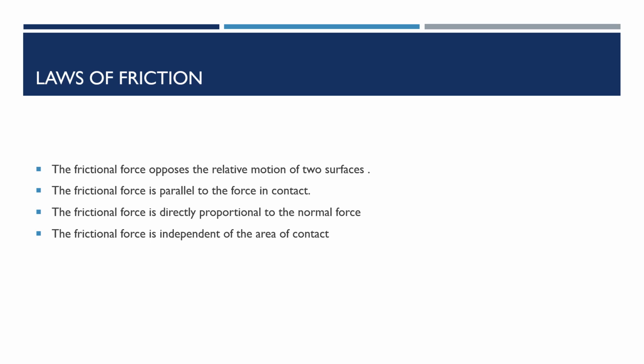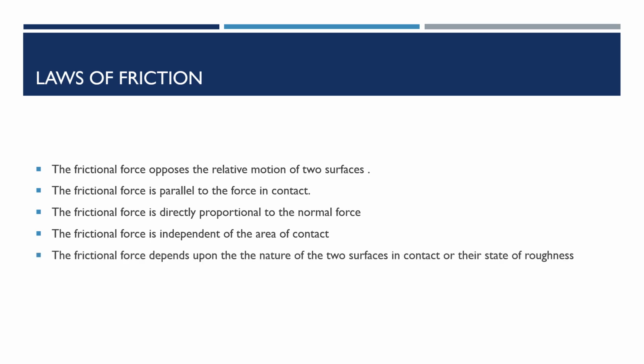Here we differentiate between rolling and sliding, but we can't say how much area should be in contact when a wheel is rolling over a surface. There isn't an appropriate value for that. So the frictional force is independent of area.